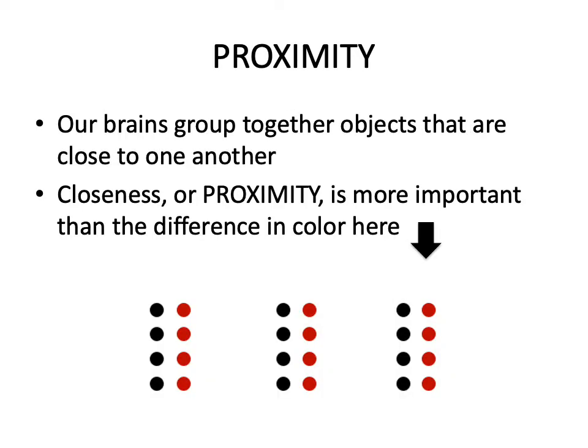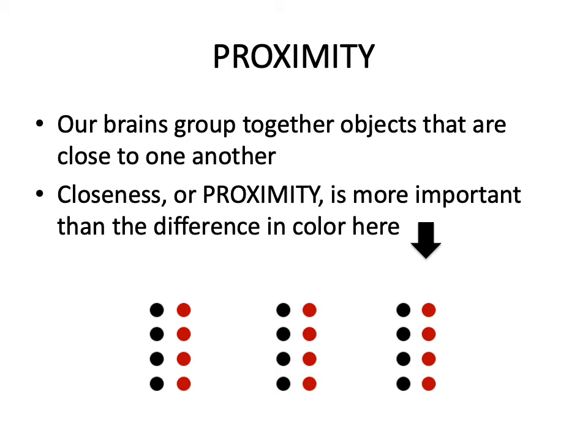Okay, on to the next: proximity. Our brains are grouping together objects that are close to one another. Proximity really indicates the distance between more than one object. When we look at all these dots, or circles, we view these as three separate groups, because proximity is the dominant grouping factor, the dominant influence, even though there's a color difference here and we might think that would be an influence.